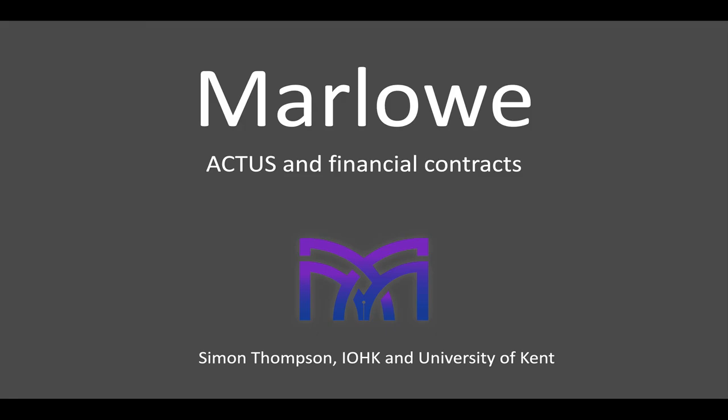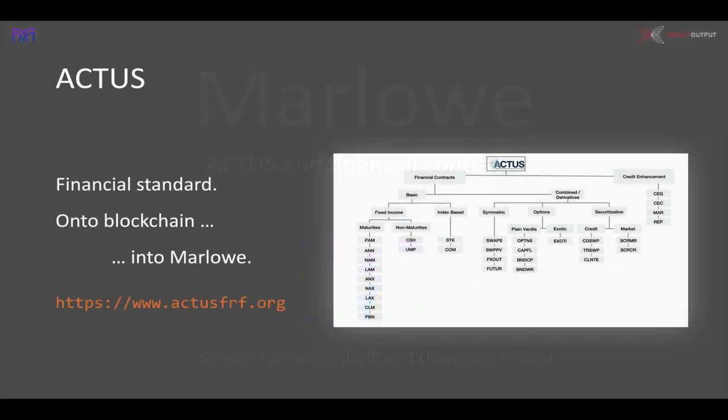This video introduces another example of a Marlowe financial contract, this time taken from the ACTUS standard for financial contracts. And we'll start off by talking about that. What the ACTUS organisation have done is build a standard which gives a taxonomy of the different kinds of financial contracts that there are out there.